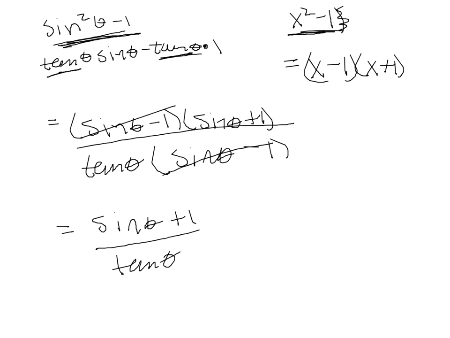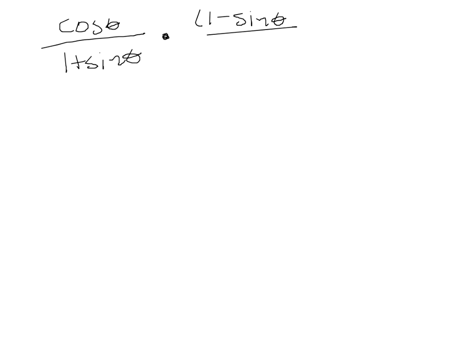And then I guess I have one more. We want to look at cosine over 1 plus sine. And we're told to multiply it on top and bottom by 1 minus sine. Okay, and I have fractions.